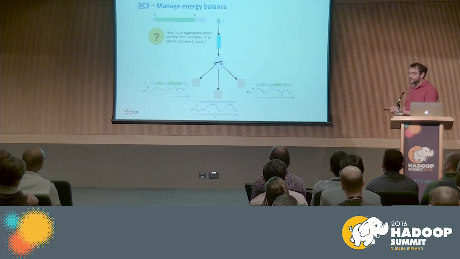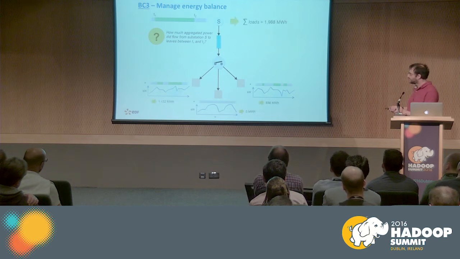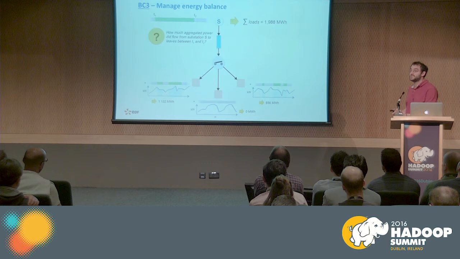So given those curves that are expressed in kilowatts, if we compute the area under the curve for the intervals when the equipment was powered, we get the energy that the equipment consumed during this period of time.